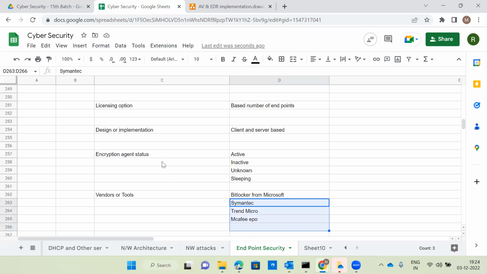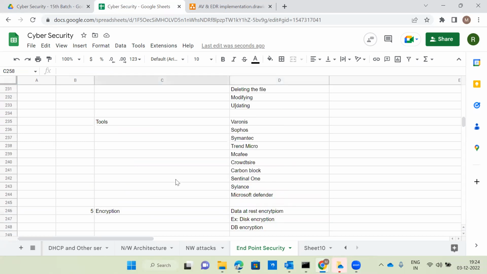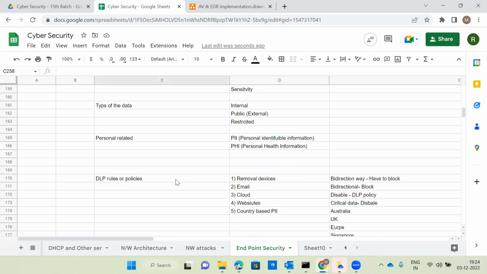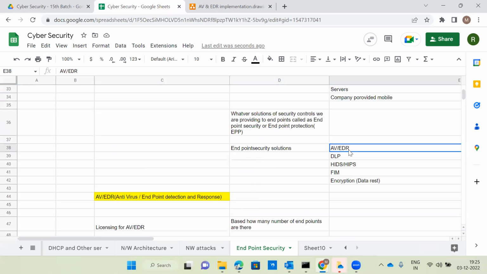So that's all about overall endpoint security and endpoint protection. For each and every tool we have vacancies. So many people are working on EDR, DLP, file integrity monitoring and multiple options, in combination with antivirus and EDR plus DLP, DLP with file integrity monitoring also.